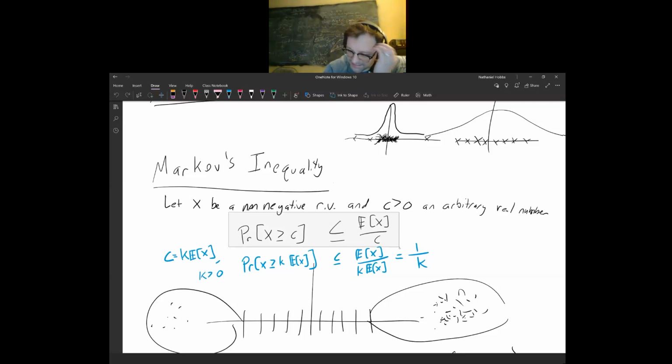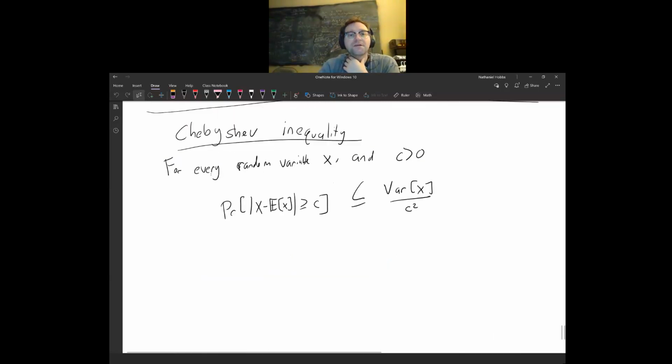So there's an idea of probability, there's an idea of an average, and Markov marries these two ideas together. Chebyshev does the same thing, except it marries not probability with expectation, but probability with variance. And this is a tighter bound.